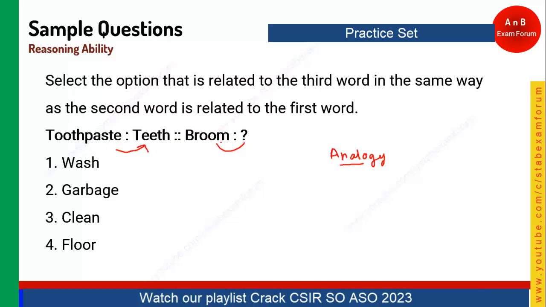In the similar sense, broom is used to clean what? Floor. Out of these 4 options, floor seems to be the best answer and floor is the correct answer. So those students who have given their answer as option number 4, they are correct. Let's move to the next question.